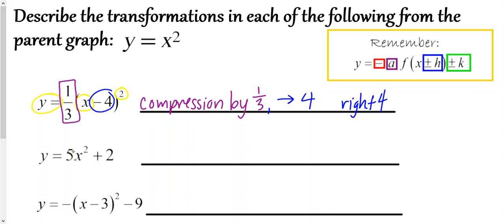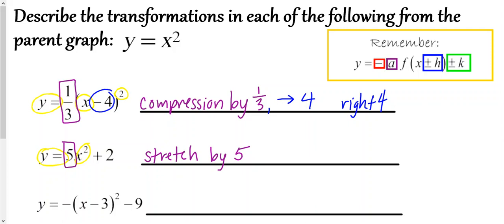Okay, my next example, so I've got my y equals, again, I'm just circling my parent graph, x squared. Okay, so again, I have a number in the front, so 5. Now 5 is not a fraction, so we would say stretch by 5.